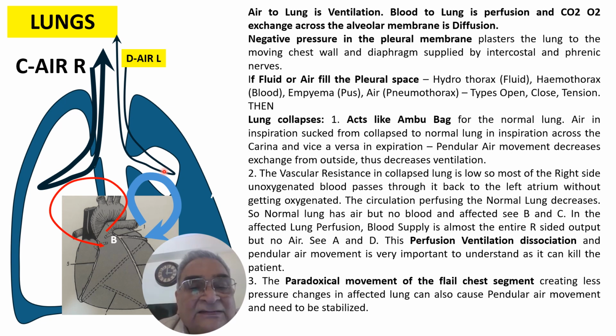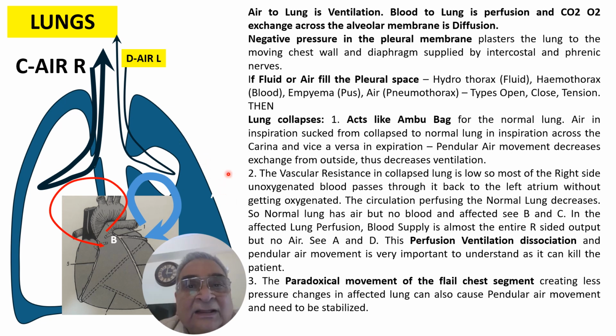So less negative pressure in inspiration will make air move from the affected to the normal side, and less positive pressure in expiration will make air move from the normal to the affected side in a pendular fashion, causing impediment of the ventilation.